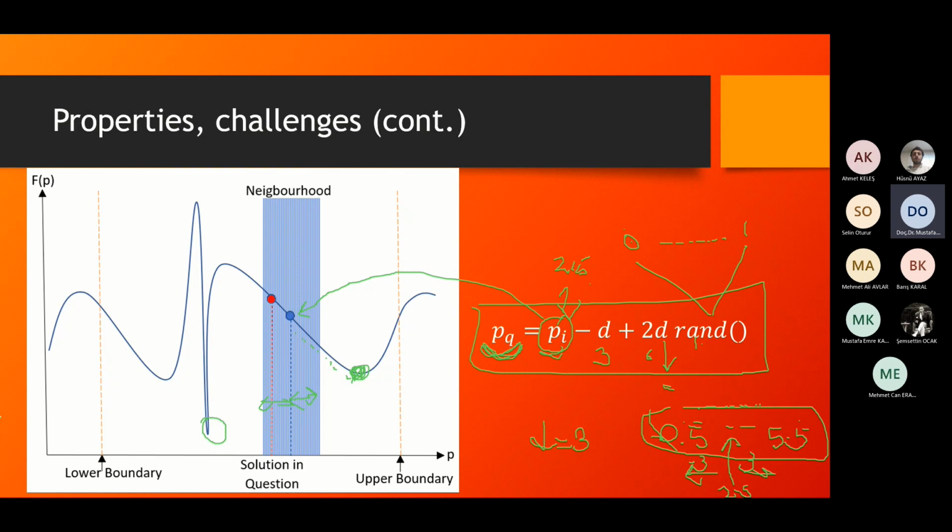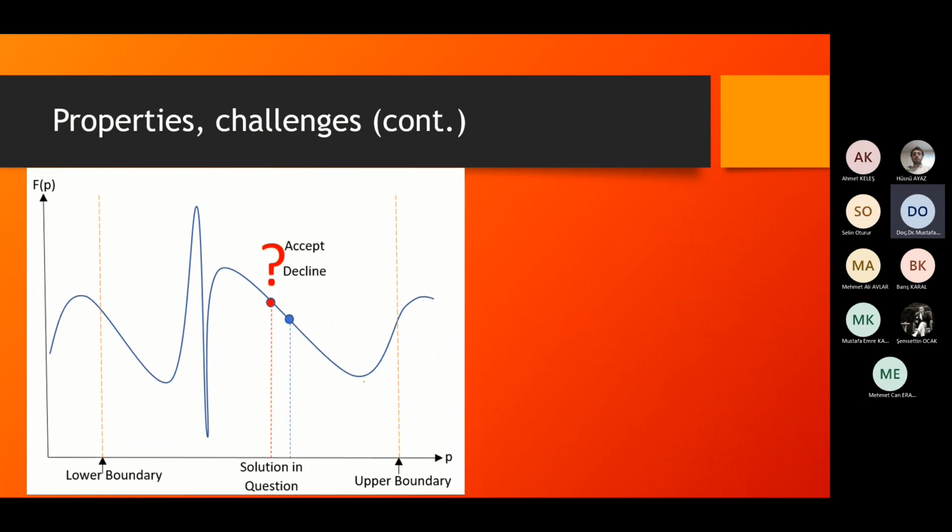And within the neighborhood of that solution, repeat the process once again, which means create a random solution within the neighborhood of it. And if it is better then accept it. Otherwise, reject it and create a new solution within the neighborhood of that solution. And this way, you are hoping that you will be declining from where you are, and you will be going down to find the minimum point.